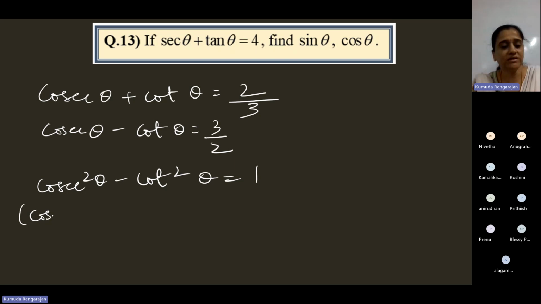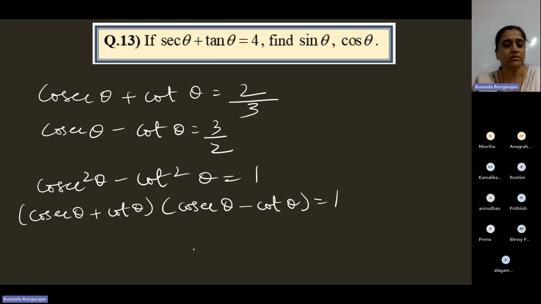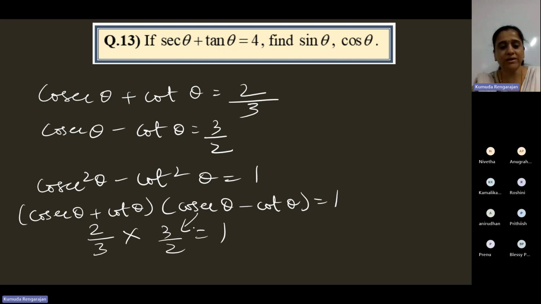That means cosecant theta plus cot theta into cosecant theta minus cot theta is equal to 1. And if cosecant theta plus cot theta is 2 by 3, into 3 by 2 is only 1. So cosecant theta minus cot theta is 3 by 2.